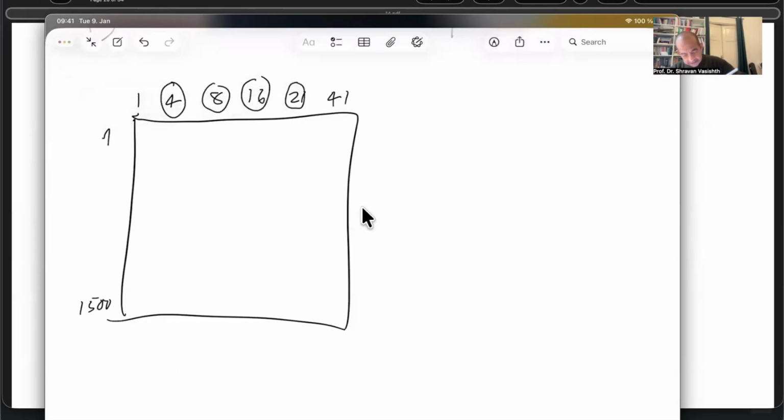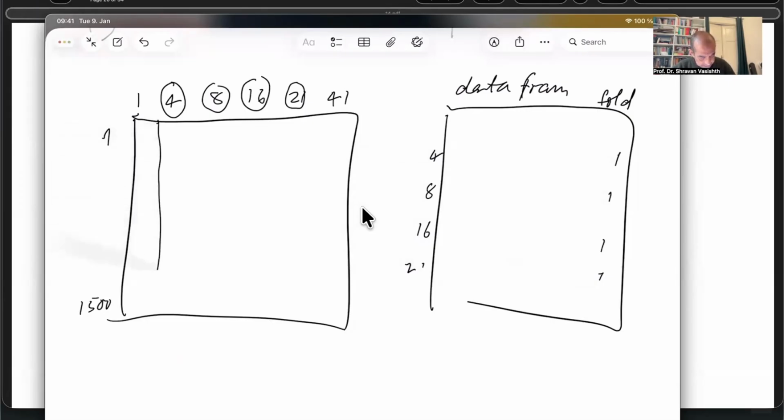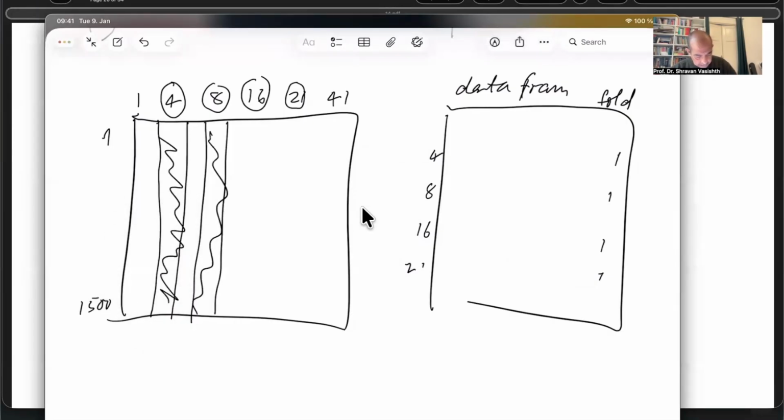What that means is that in the data frame containing the pupil data, there's a column called fold, and so it'll be the 4th, 8th, 16th, and 21st column that contain fold equal to 1. So I'm isolating these columns.